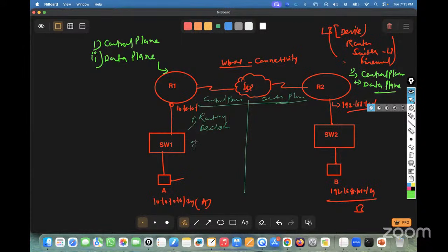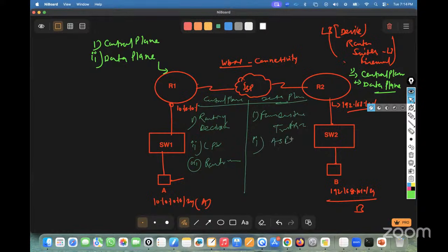Second, the processor CPU is part of the key components used by the control plane. Third, it uses routing protocols like BGP, OSPF. And if I talk about the data plane, it actually forwards the traffic. That is the role of the data plane. Second, it uses switching concepts like ASICs to forward the packet.